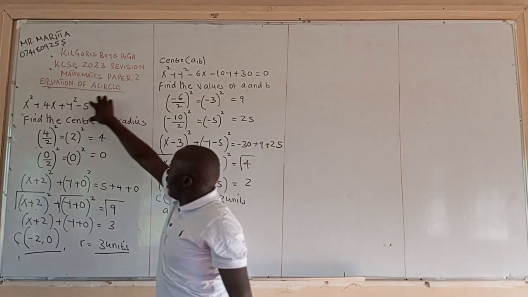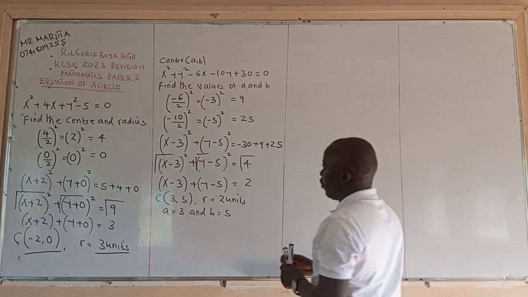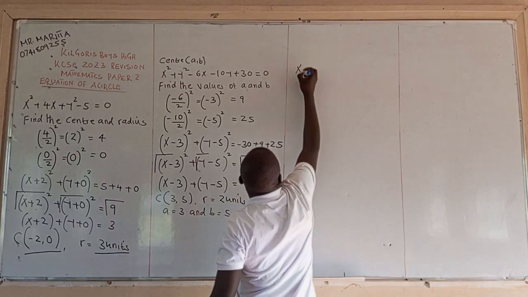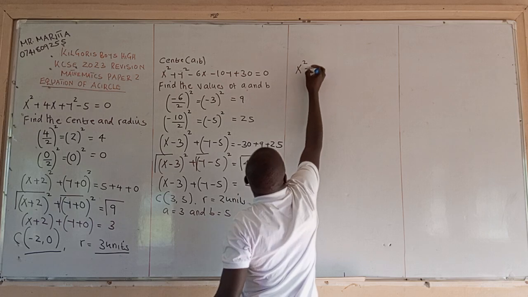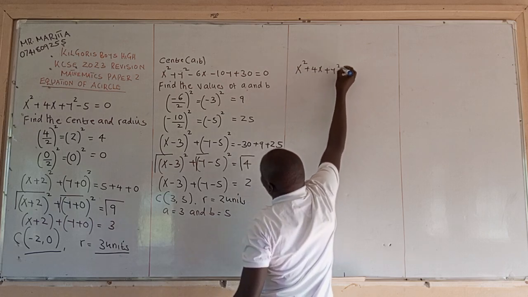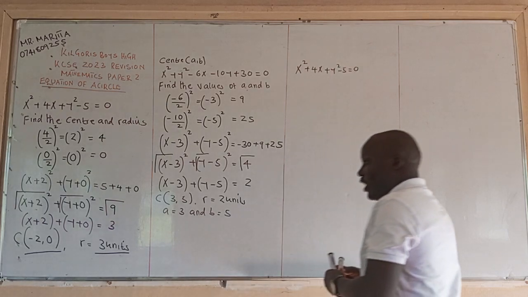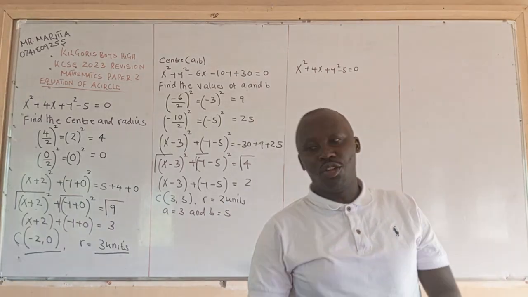Using a different method, we have x squared plus 4x plus y squared minus 5 equals 0. This is what we call the general equation of a circle.